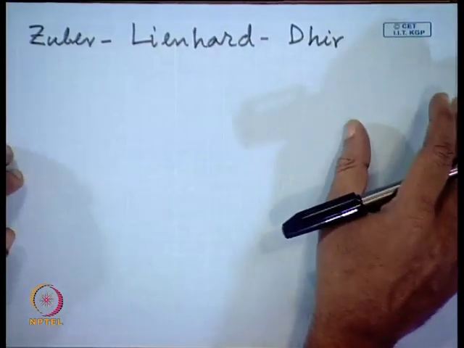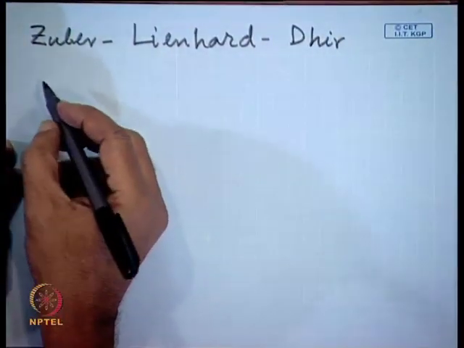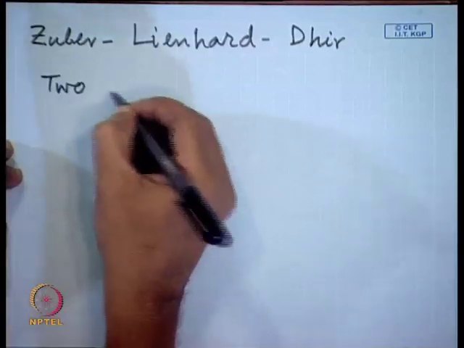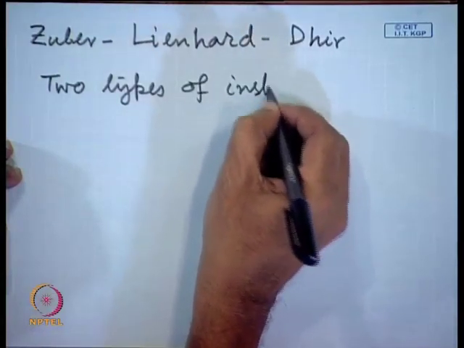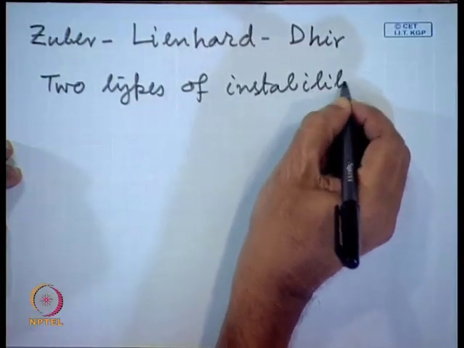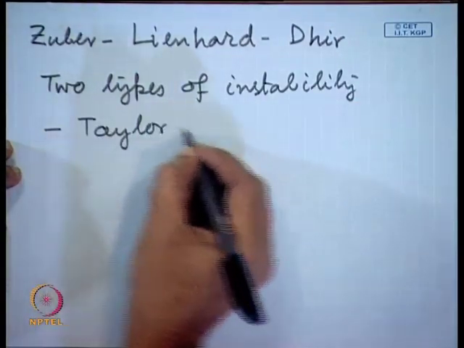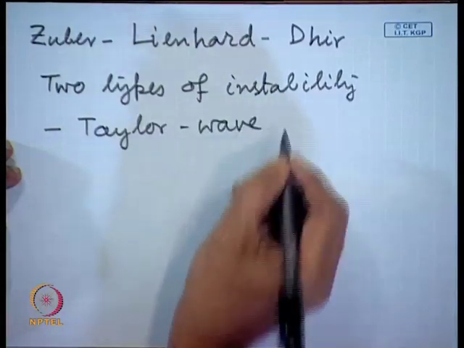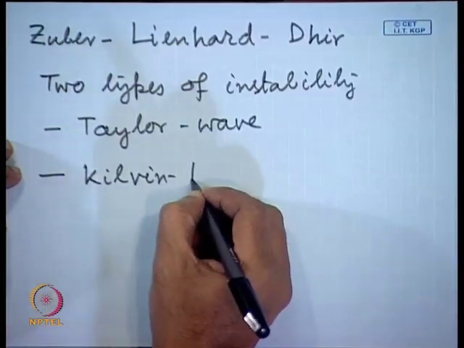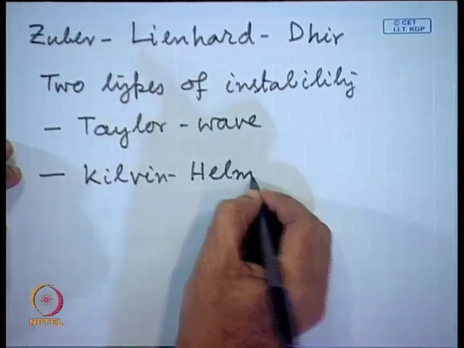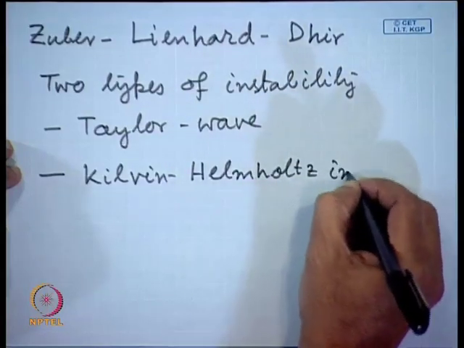Now, this hydrodynamic theory of critical heat flux depends on two kinds of instabilities. One is a Taylor wave type phenomena, another is your Kelvin-Helmholtz instability.